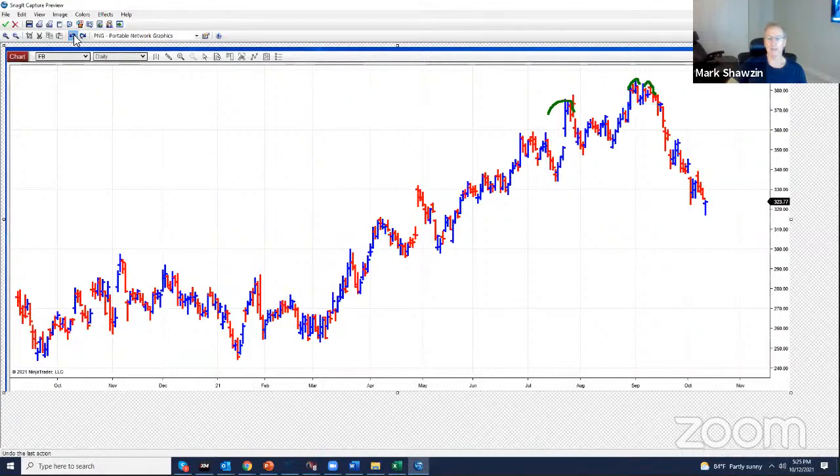Facebook was kind of sitting on an interesting inflection point. It's got this head and shoulders. So now once I see a pattern, now, the market either respects the pattern or it doesn't. So you can see how it came right down to this neckline, this drooping neckline that basically conjoins these two shoulders.